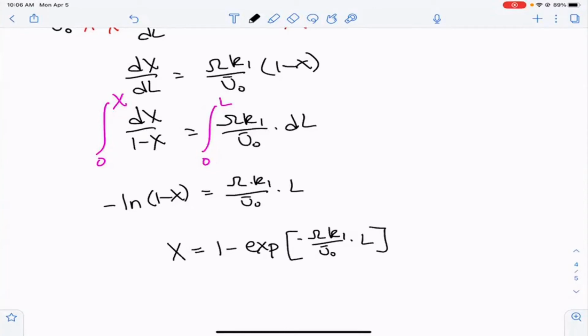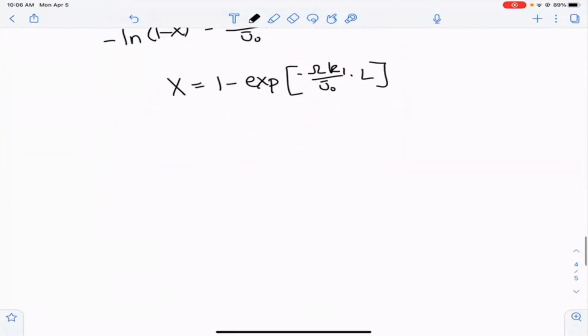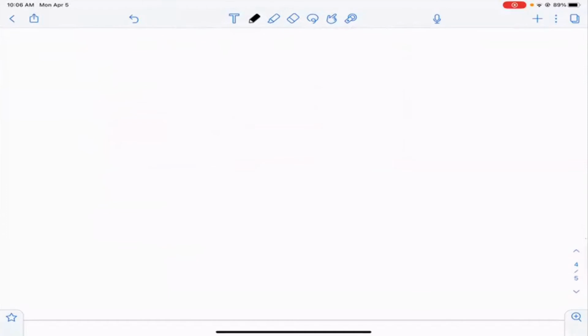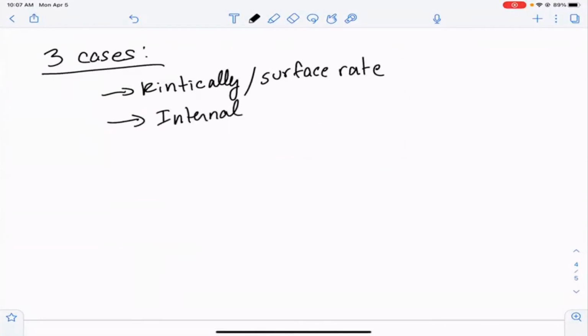So I noted above, when we were talking a couple minutes ago, that we really have 3 cases that we have to consider here. Or at least we have 3 possibilities for what could be limiting our reaction. We could be kinetically limited, or what I really mean by that is the surface rate is limiting. The other thing that could be limiting is internal mass transport, and the other one is external mass transport.